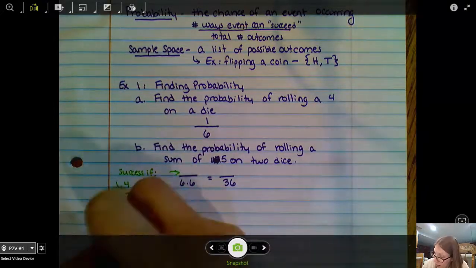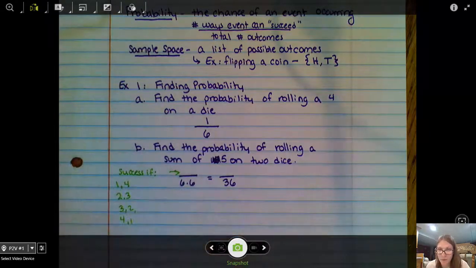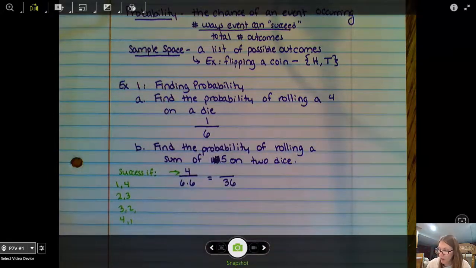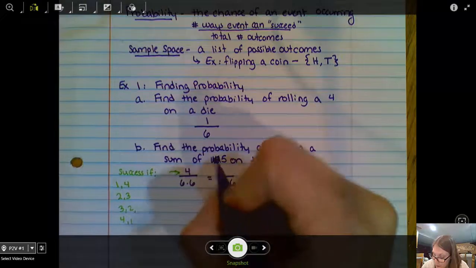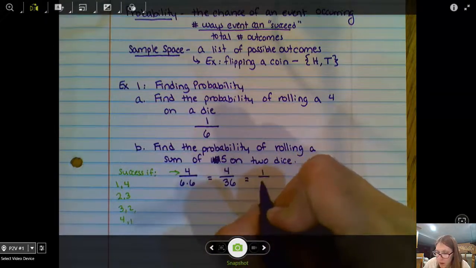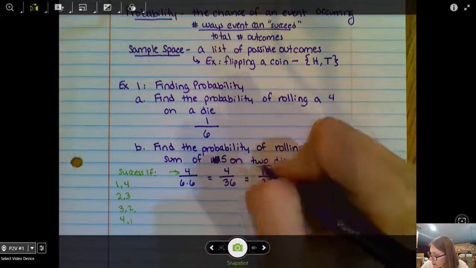But we could also have a 3 and a 2, and a 4 and a 1. There are 4 total ways we could get that sum of 5. And that is our numerator, because there are 4 possible ways we can roll a 5 as a sum. So 4 over 36, simplify that fraction. Your probability of rolling a sum of 5 on 2 dice is 1/9.